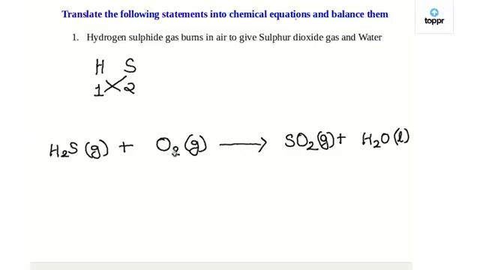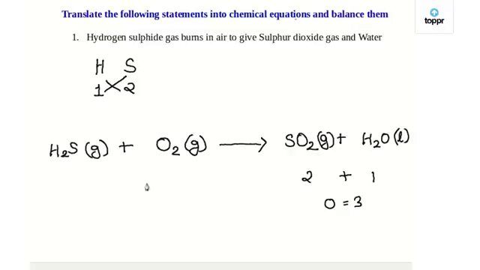Oxygen on my left hand side is 2, but on my right hand side I have 2 oxygens here and 1 oxygen here, and the total oxygen on my right hand side is 3. Okay, so here if we have oxygen 3 and here we have oxygen 2, is it possible to balance?